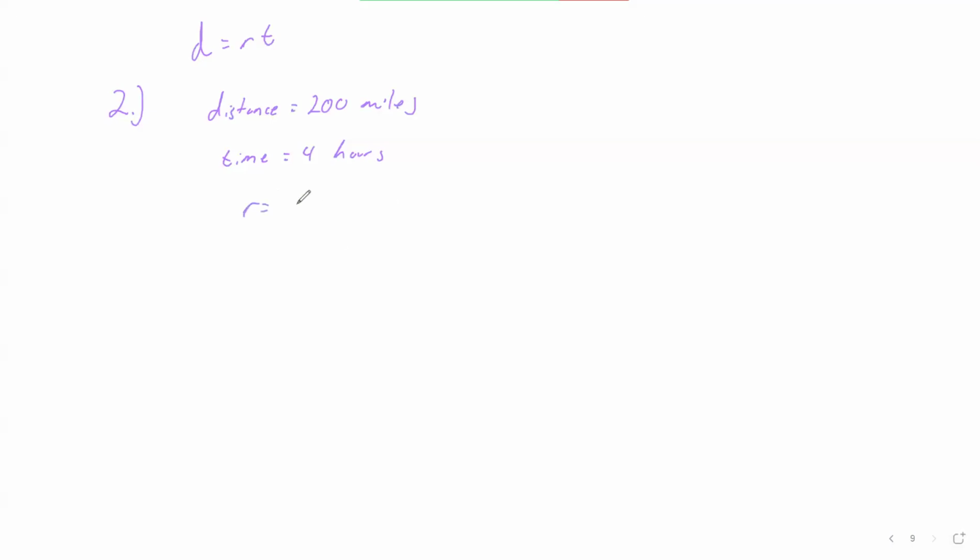So first rate was 60 miles per hour, call it R1. And his average speed for the second part of the trip, so our second speed, was 45 miles per hour. How long did each part of the trip take him?